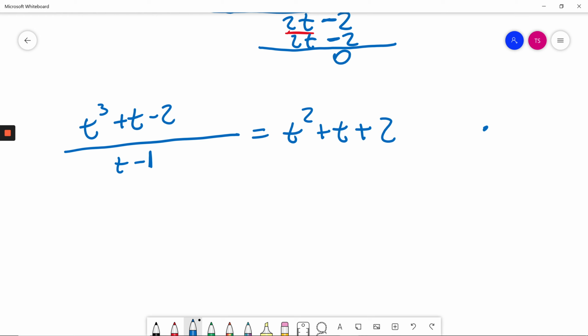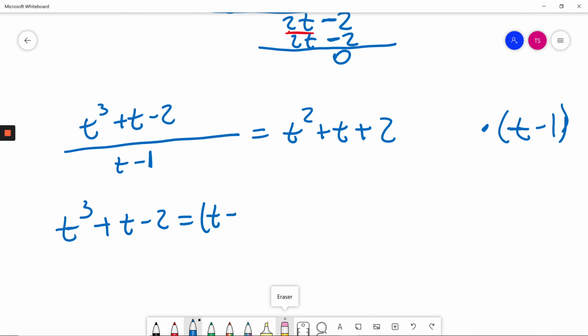And when I quickly multiply both sides by t minus 1, I will have t cubed plus t minus 2 equal to t minus 1 times t squared plus t plus 2.